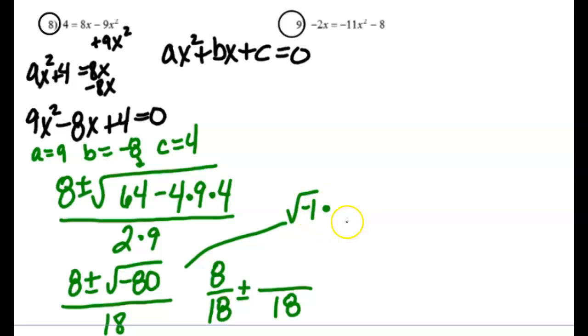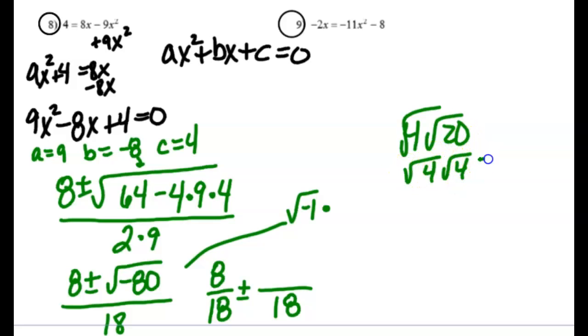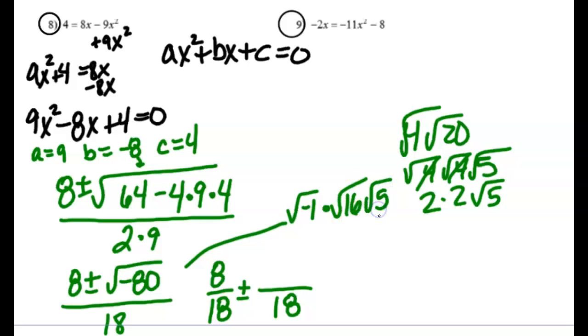What goes into 80? Yeah, 4 goes in. If you did 4 times 20, would you have recognized that 20 breaks down again? Okay, and you could do that. You could say it's 4 and 4 and 5. But then you'd get a 2 and a 2, and you'd get a 4 square roots of 5. It's easier if you realized 16 went in there 5 times, because what is the square root of 16? 4.